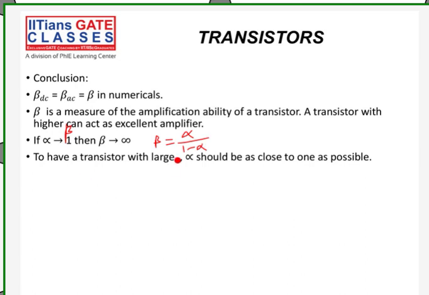Now next is to have a transistor with large beta. Alpha should be as close to 1 as possible. We want to have large transistor beta, so alpha should be as close to 1 as possible.